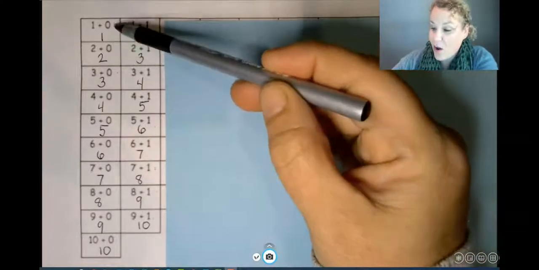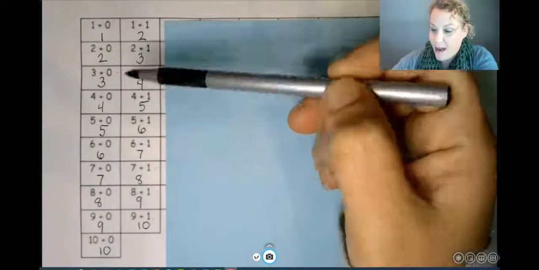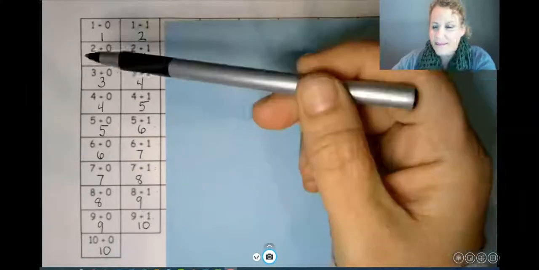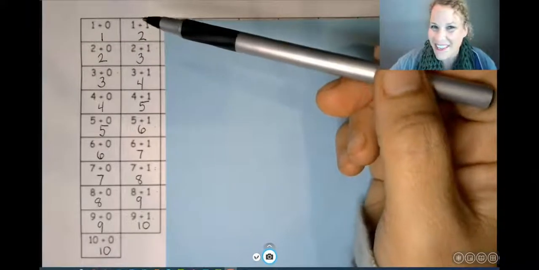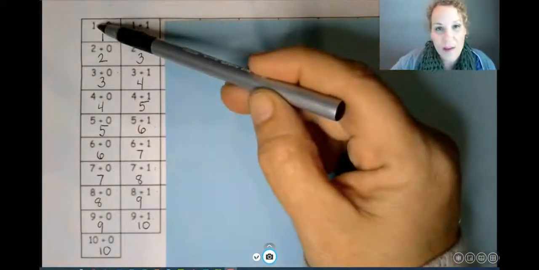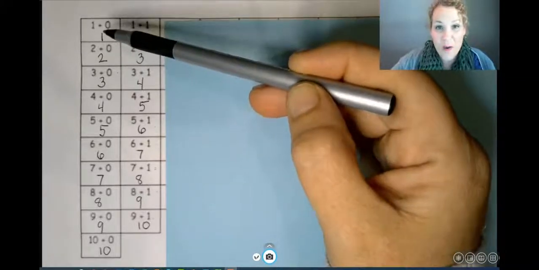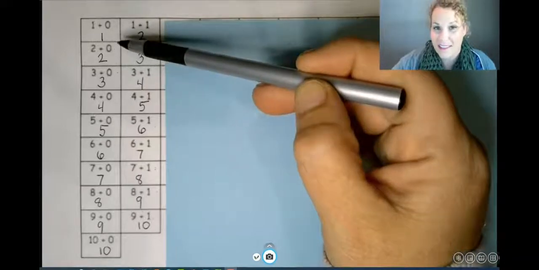You said that all of these problems added 0 each time. How did that change the first addend? It didn't change it at all, did it? So when we have 1 plus 0, the answer is just 1. It doesn't change. Same is true for 2 plus 0.